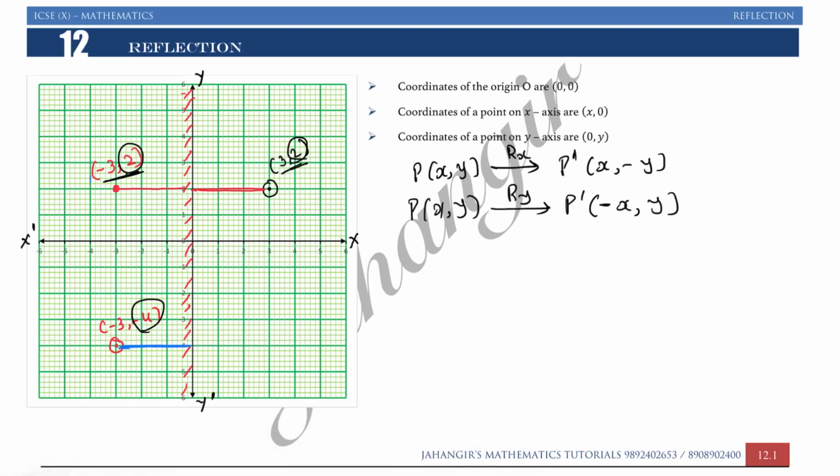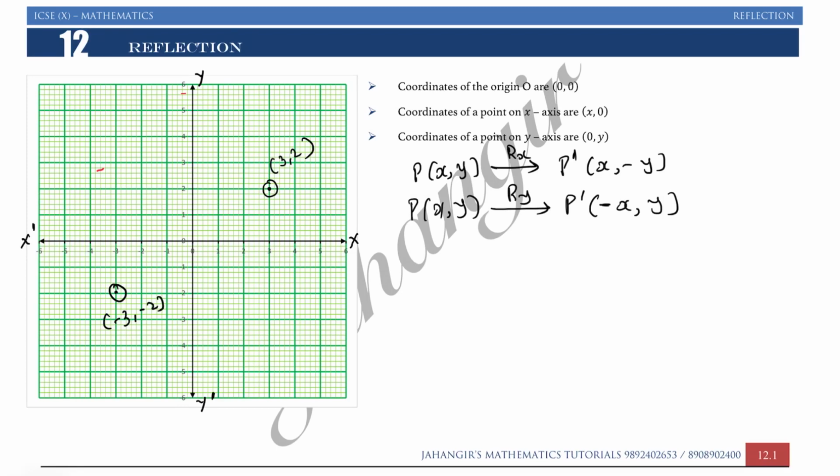Now the third reflection is reflection in the origin. Reflection in origin means the point changes to the opposite quadrant. If the point is over here, after reflection it will come to the opposite quadrant. So 3 comma 2 will become minus 3 comma minus 2.